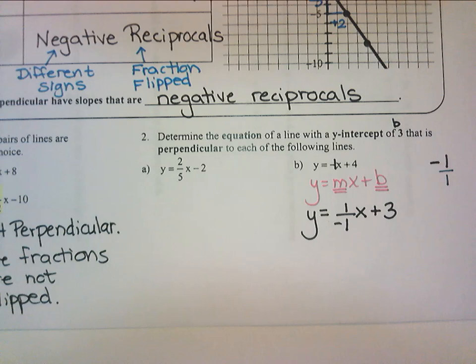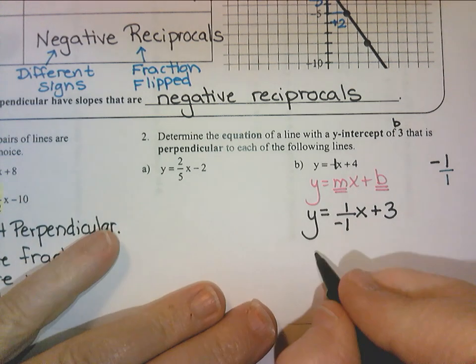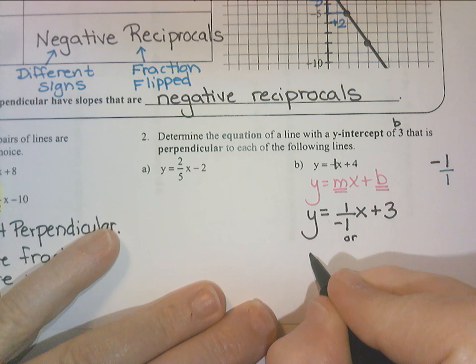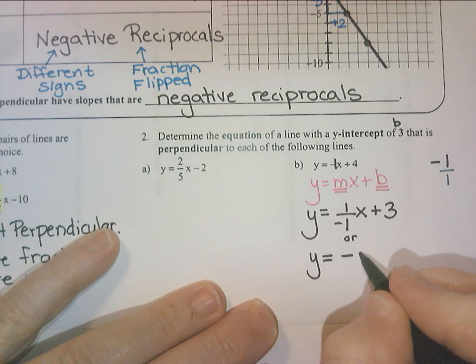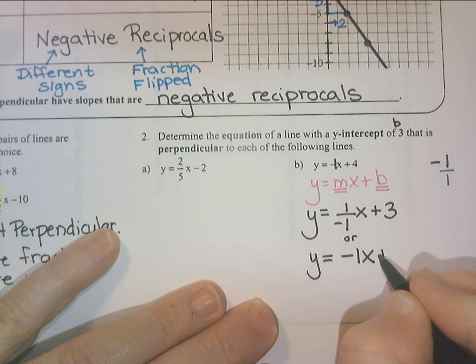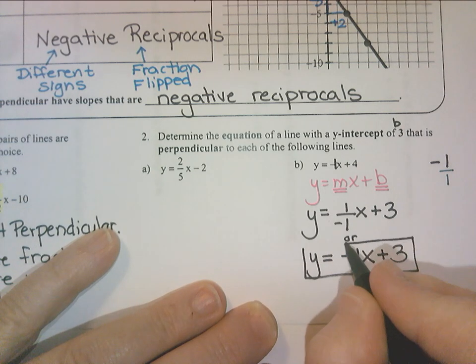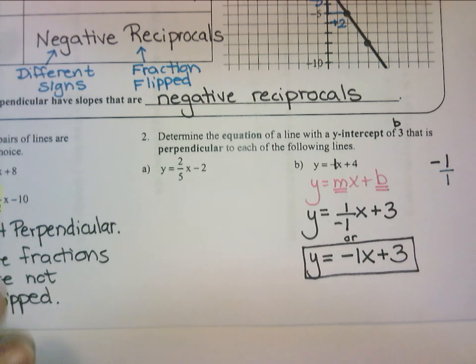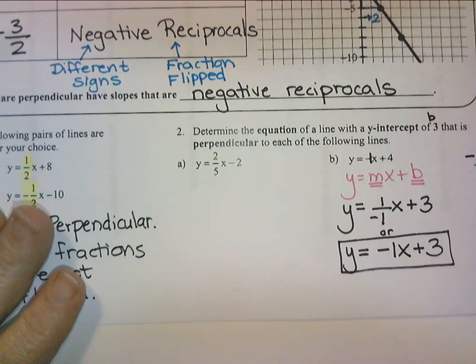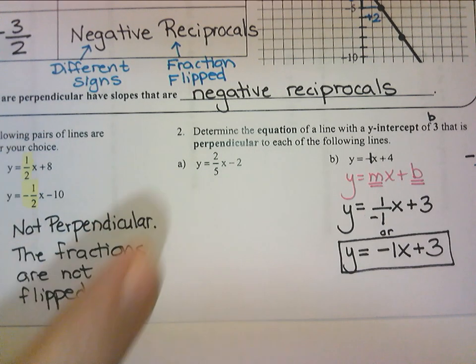Now, I can divide 1 by -1. 1 divided by -1 is just -1. So I have y equals -1x plus 3. Either of those equations is fine. I don't mind. I am going to ask you, though, to take a moment and see if you can figure out what the equation is for number 2.